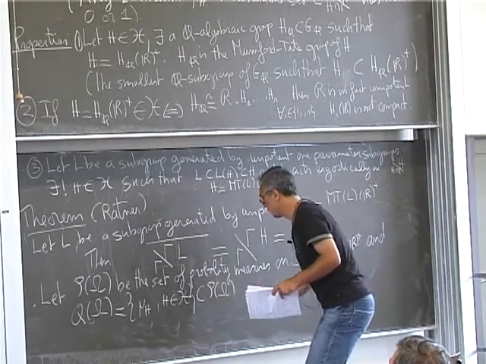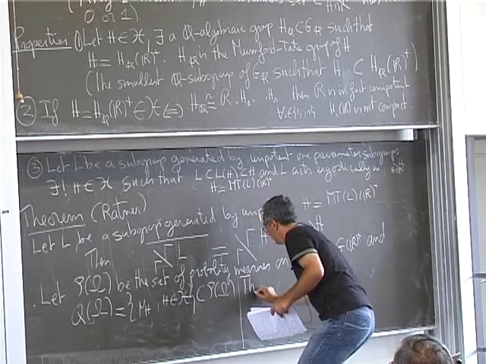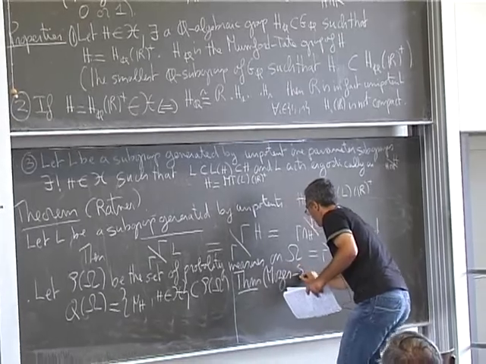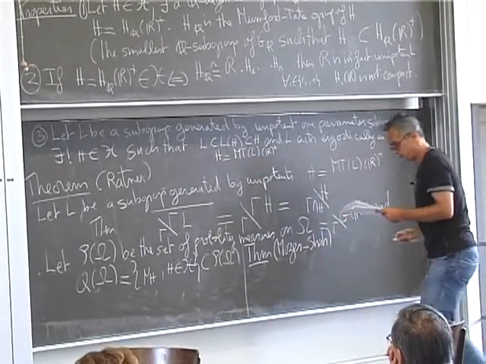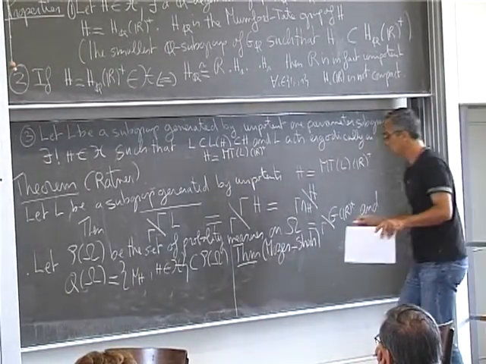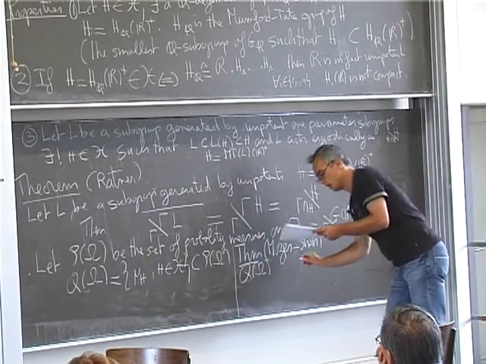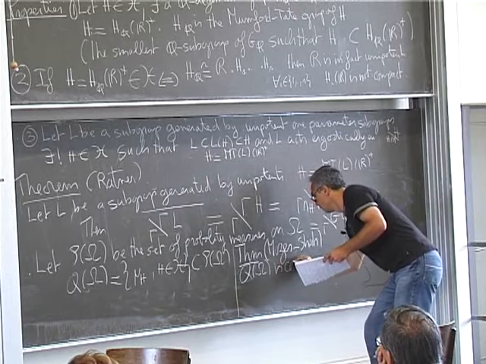Then you have the following theorem by Mozes and Shah, saying that Q of Omega is compact.